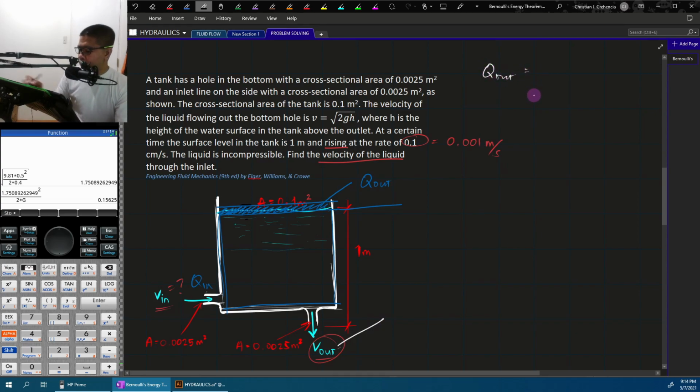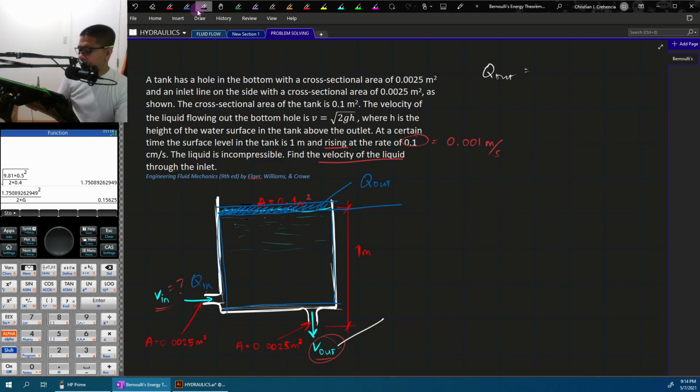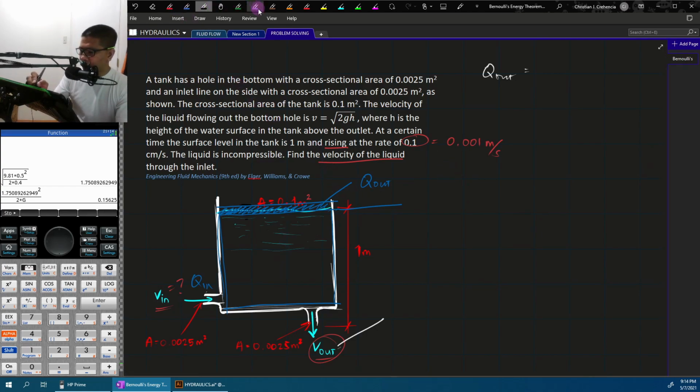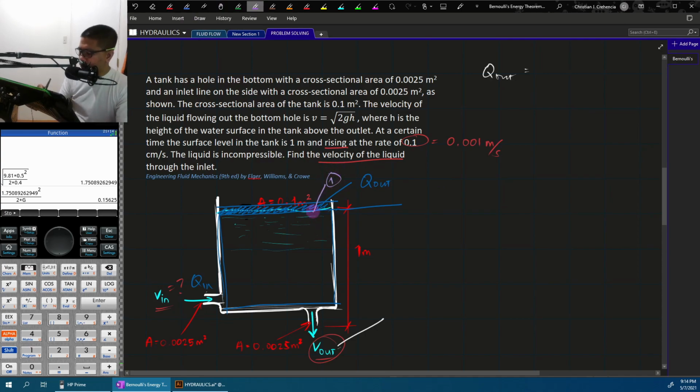Okay, so diba kanina sa previous problem, nalaman natin na yung magbibigay ng velocity dito sa opening natin is nakadepende siya dun sa height. Okay, and if we, para lang mas malinaw, no? If we consider this our point 1, yung liquid surface, and let's consider this our point 2.